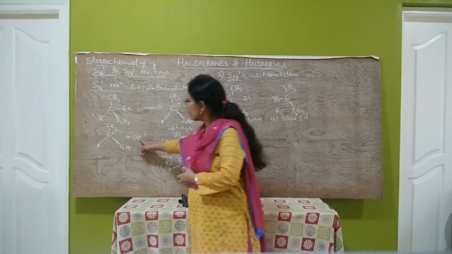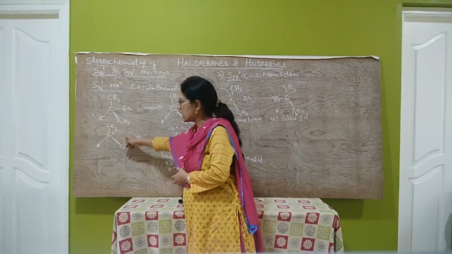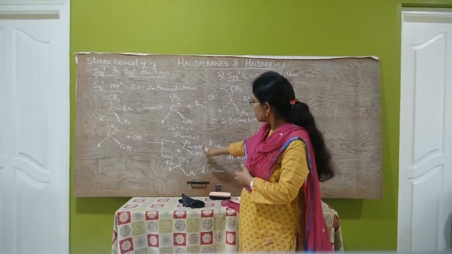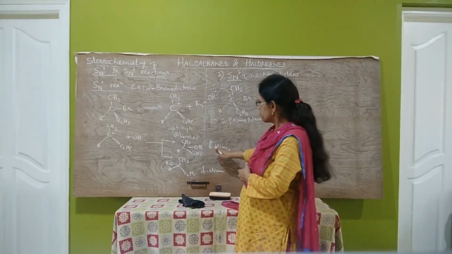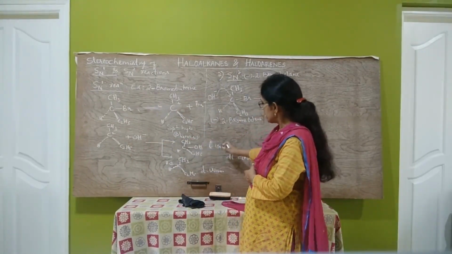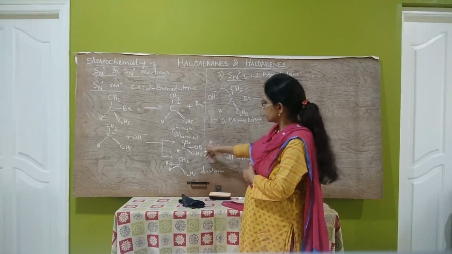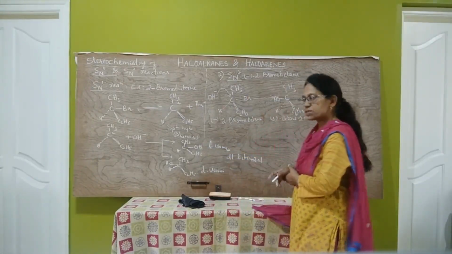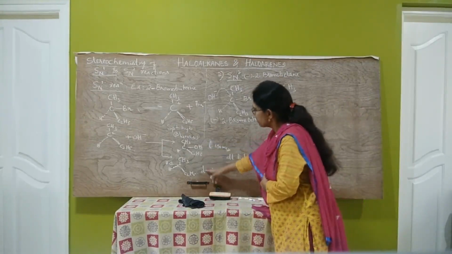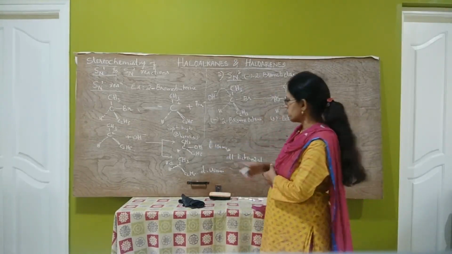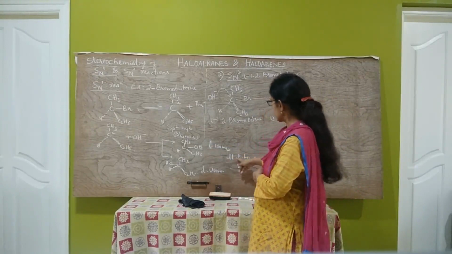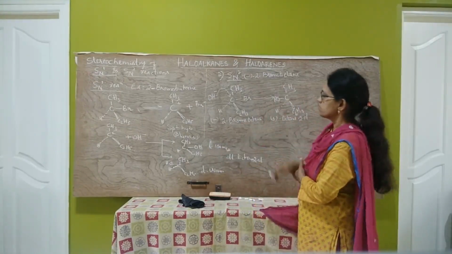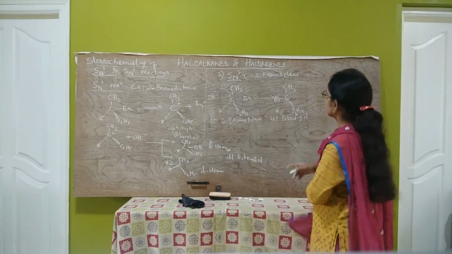Therefore, the nucleophile can attack from any side, from back side or from front side, and it forms a mixture of two isomers, the L isomer and the D isomer, that is 50% of L isomer and 50% of D isomer is formed. Therefore, this mixture is called a racemic mixture. This mixture is called DL-butane 2-ol. So, racemization takes place during SN1 reaction.